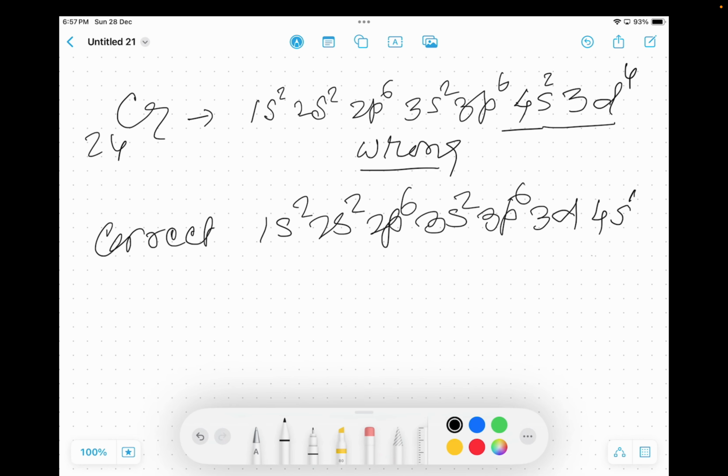S has only one electron, d has 5 electrons. How can we explain this? Why should the correct configuration of chromium be 3d5 4s1, and why should d go back side and 4s go upper side, that means to a higher energy level? There are two explanations.